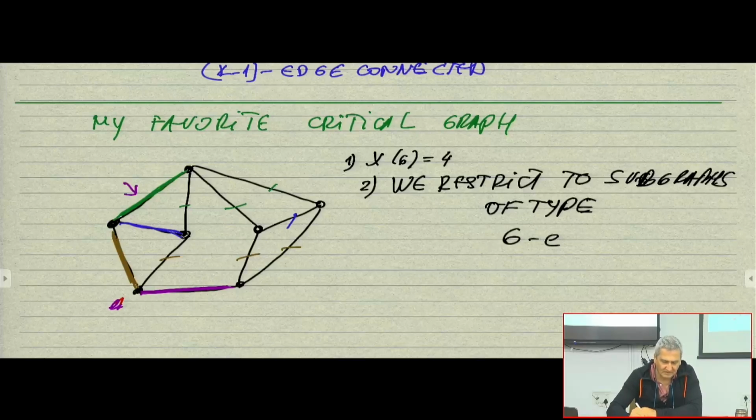If we remove this one, then I can put here color 1, 1, 2, 3, 3, 2, 1, and I color it. Okay. Let's say for this one. Now. Okay.